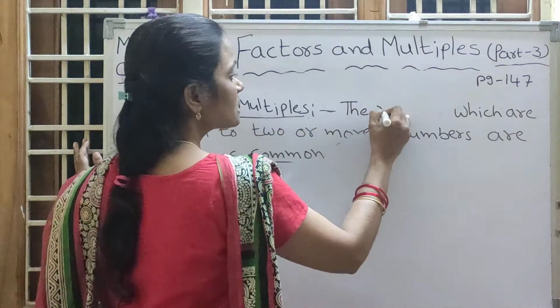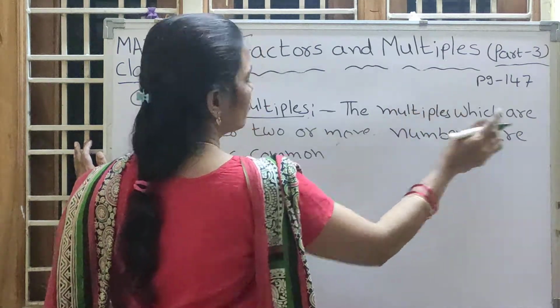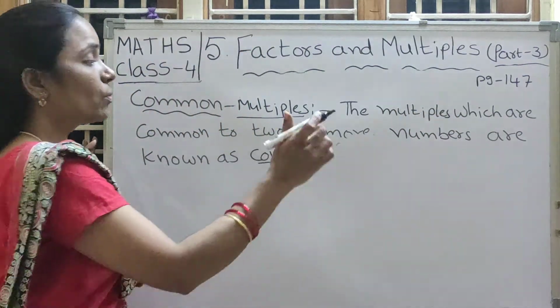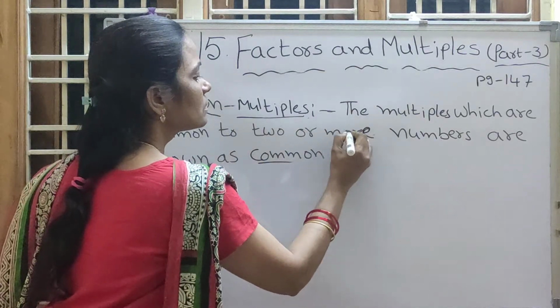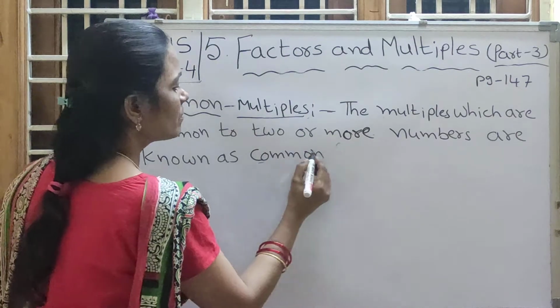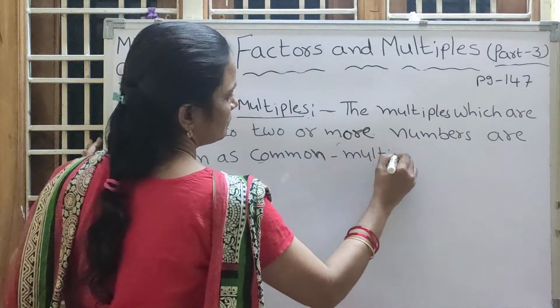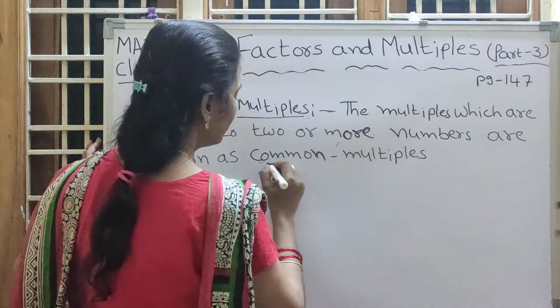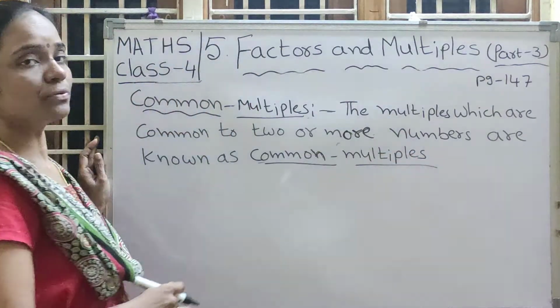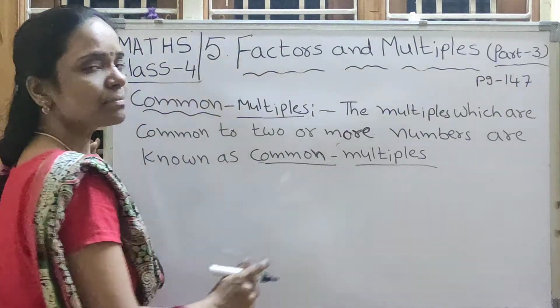The multiples which are common to two or more numbers are known as common multiples.